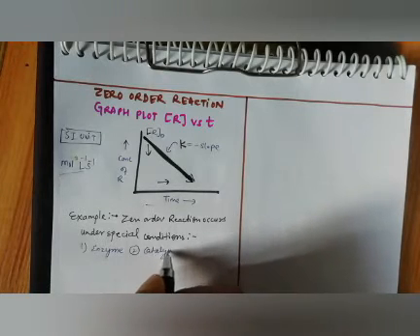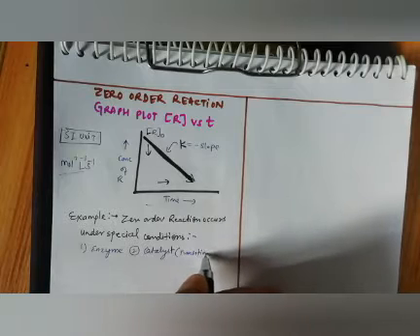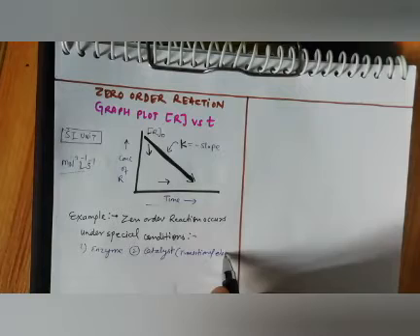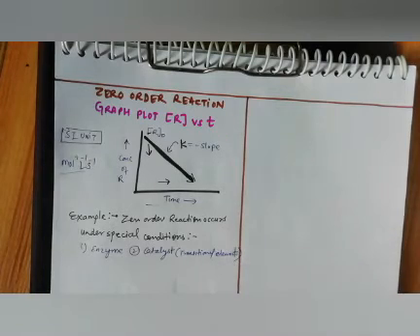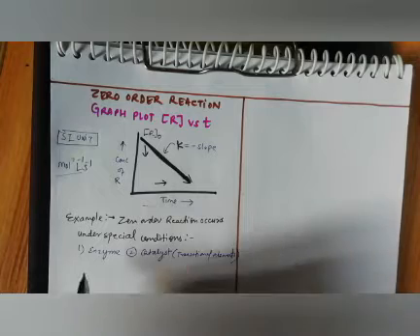Number 2, in the presence of a catalyst, that can be transitional elements. Okay, and some of the examples are reactions which occur on metal surfaces like rusting, because these occur under special temperature and pressure. Those reactions are called zero order reactions.